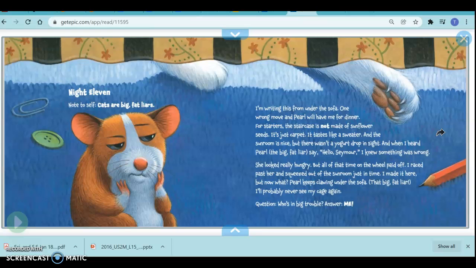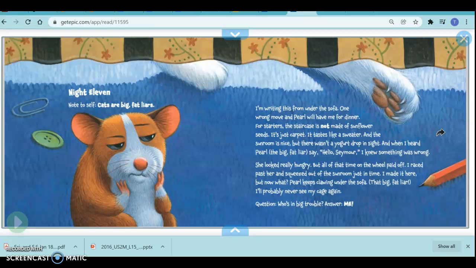Night 11. Note to self: cats are big, fat liars. I'm writing this from under the sofa. One wrong move and Pearl will have me for dinner. For starters, the staircase is not made of sunflower seeds. It's just carpet, and it tastes like a sweater. And the sunroom is nice, but there wasn't a yogurt drop in sight.